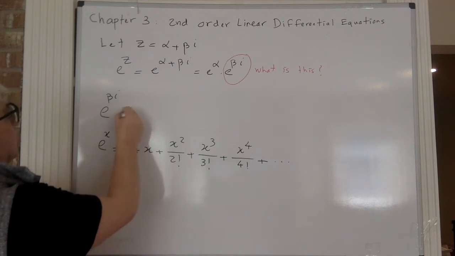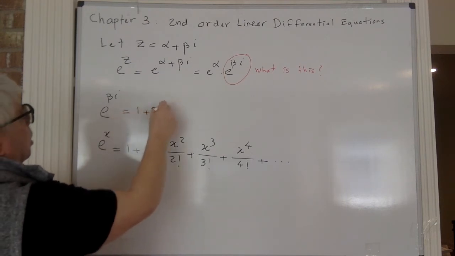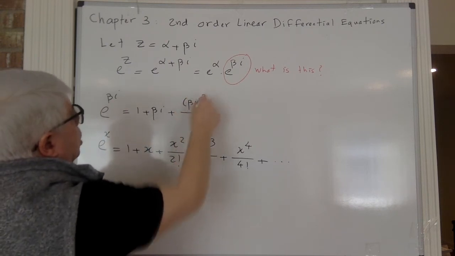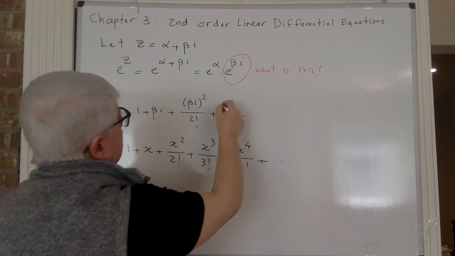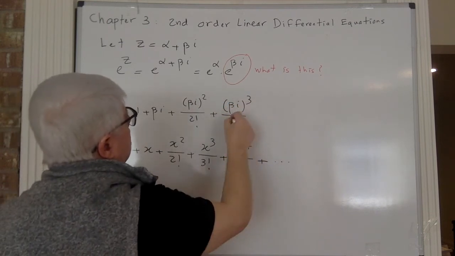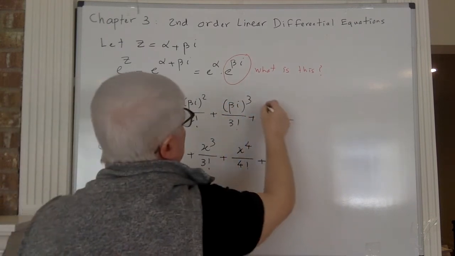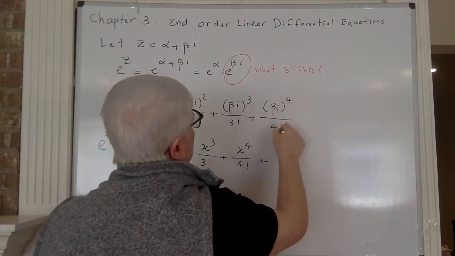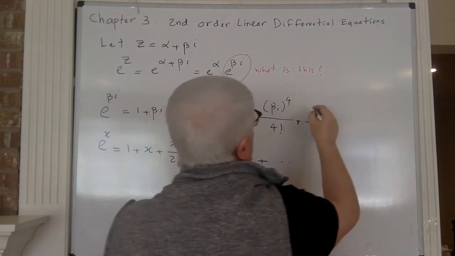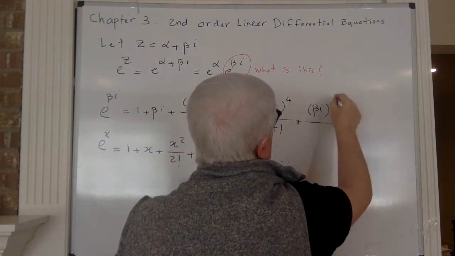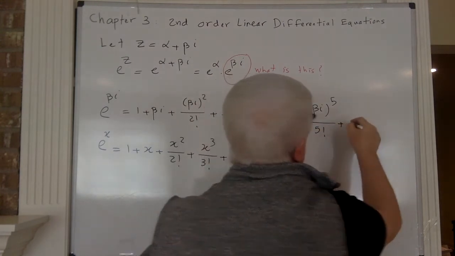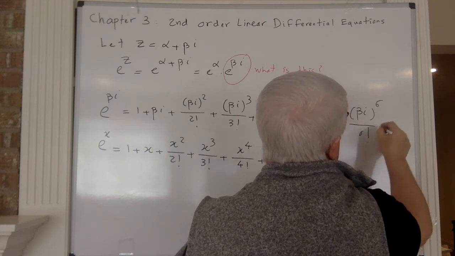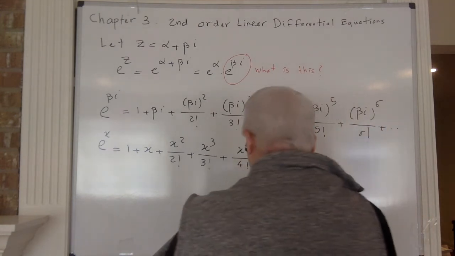So this is 1 plus beta i plus (beta i) squared over 2 factorial plus (beta i) cubed over 3 factorial plus (beta i) to the 4 over 4 factorial plus, let me write some of them when I need them, (beta i) to the 5 over 5 factorial plus (beta i) to the 6 over 6 factorial plus, okay.